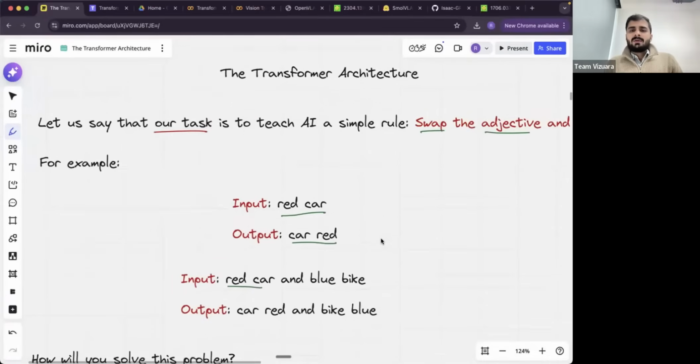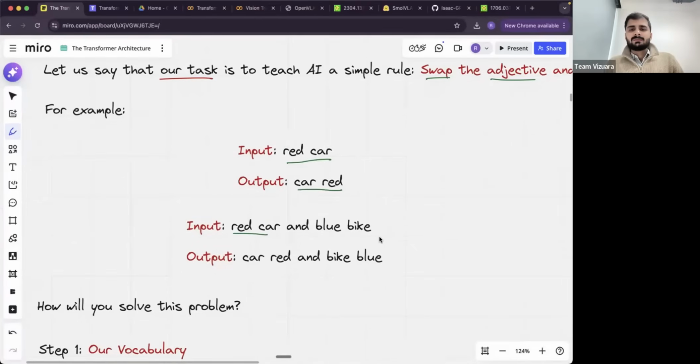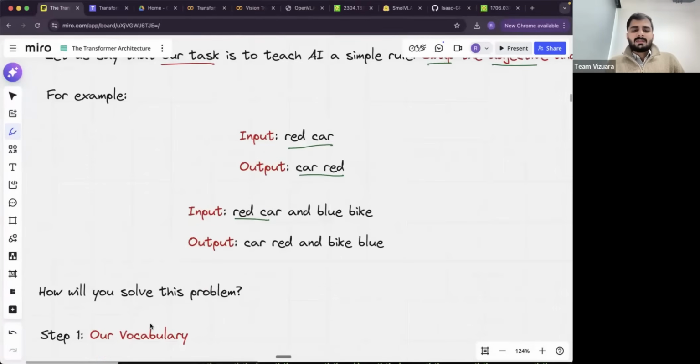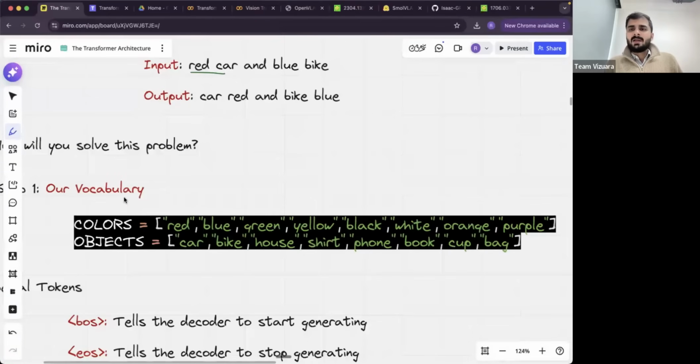And to complete this task, we have to go through several steps, which I'm going to explain right now. The first step is understanding our vocabulary. So we are going to assume that our vocabulary consists of a combination of colors and objects.